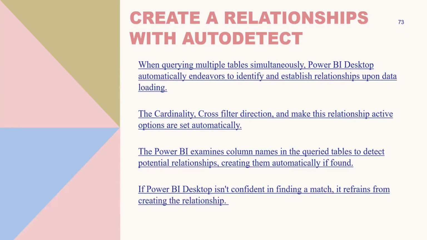So now let's first see how we can create one. Let's take the previous example. When we created the star schema, if you remember, when we loaded the data, the relationship between the dim table and the fact table got created automatically.